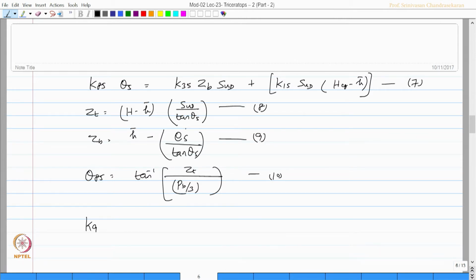Further, K9 phi is 0, that is, no yaw motion in the deck due to unit pitch in the legs.